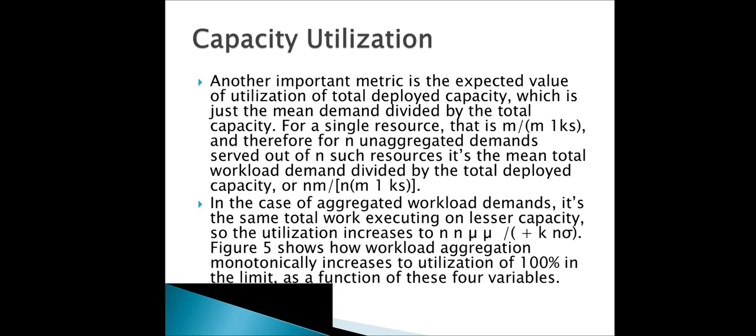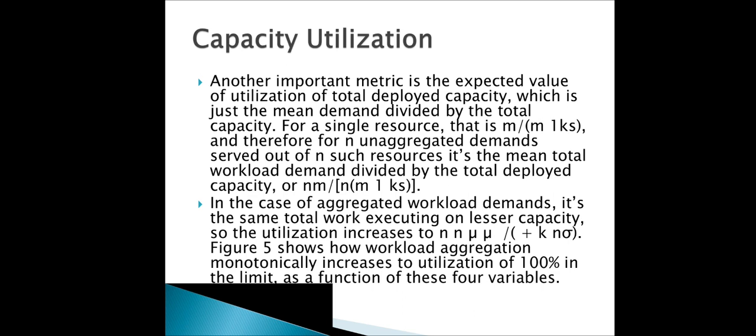See capacity utilization. How does the capacity utilization take place in this? Another important metric is the expected value of utilization of total deployed capacity, which is just the mean demand divided by the total capacity.